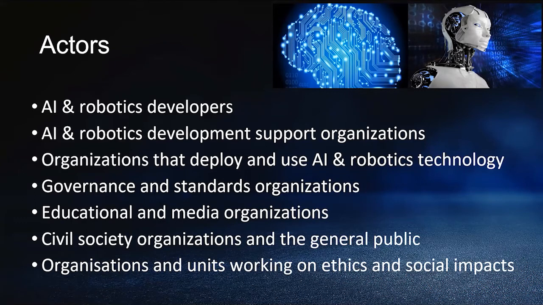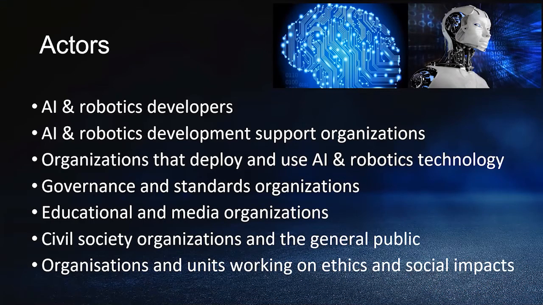Then we have educational and media organizations that play an important role. Educational organizations because they educate professionals. Media organizations because they also educate and inform the general public and specialized segments in that public.